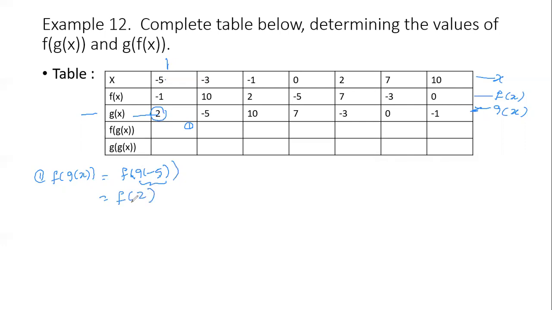Let's find out f of 2. F is this row. Let's see where x is 2. x equals 2 is here. Therefore, f of 2 is in this row and this column, which is this number.